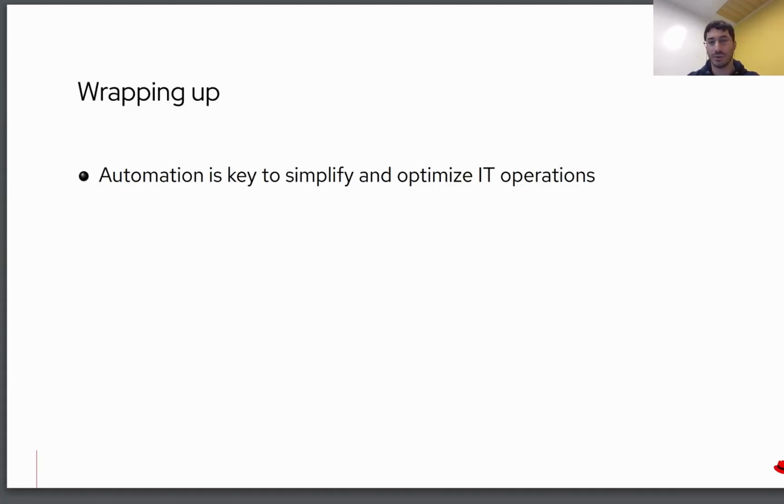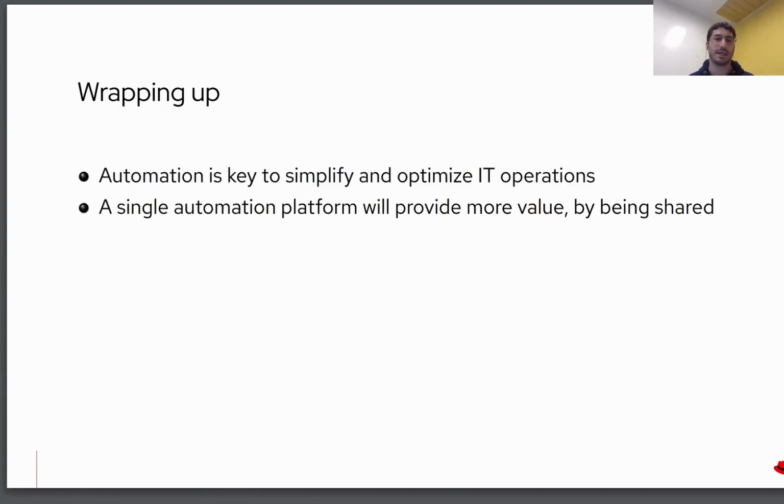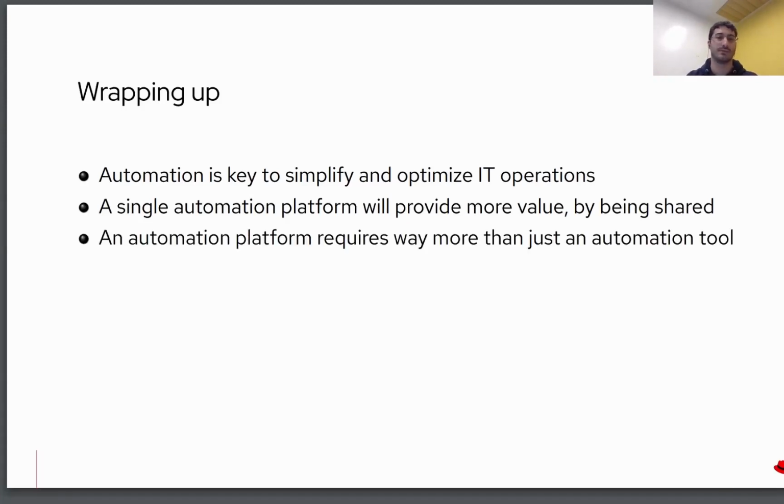Second, a single automation platform can provide way more value than trying to automate in an uncohesive way. Third, an automation system to be called a platform requires way more things than just the automation tool itself, because it requires all the other aspects that control and support the whole life cycle of the automation itself.